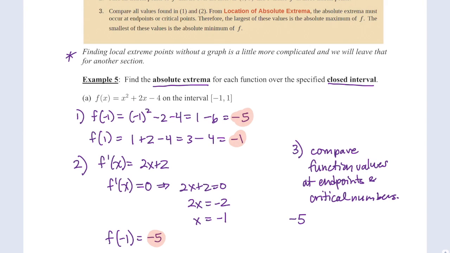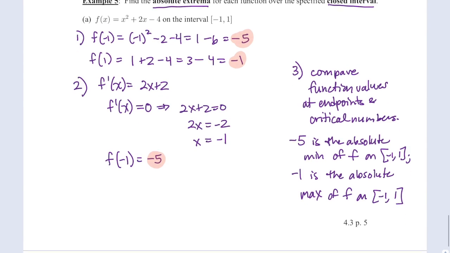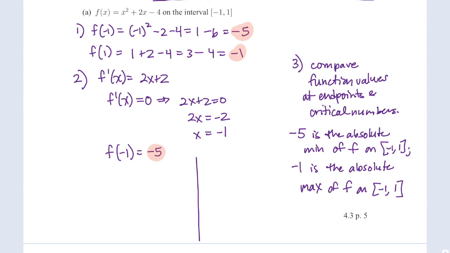And so we'll say -5 is the absolute min of our function on the interval from -1 to 1. And what do we come up with? -1 is the absolute max of the function on the interval from -1 to 1. Right? So this is just part of a parabola, and we've figured out that the low point of this parabola is actually what it was, -1, -5.